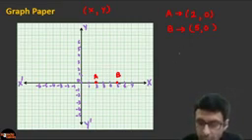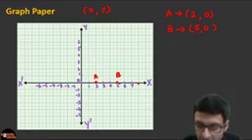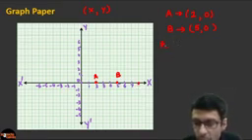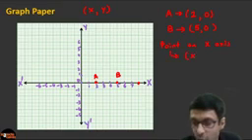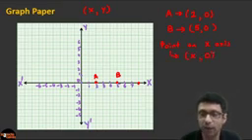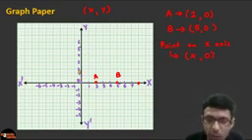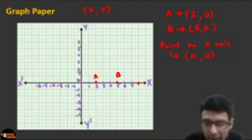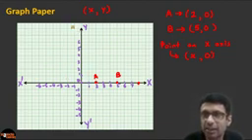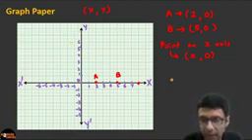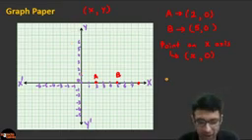So any point on the x-axis, if you take any point here or anywhere, it can be represented. So a point on the x-axis is basically going to be of the form x, 0, because it has some x value, but it has no height in y. It's lying on the x-axis, so it doesn't have any distance on the y, right? So it's all on the x-axis, so it's x, 0.